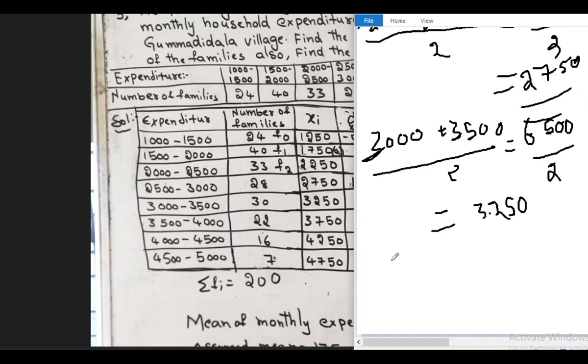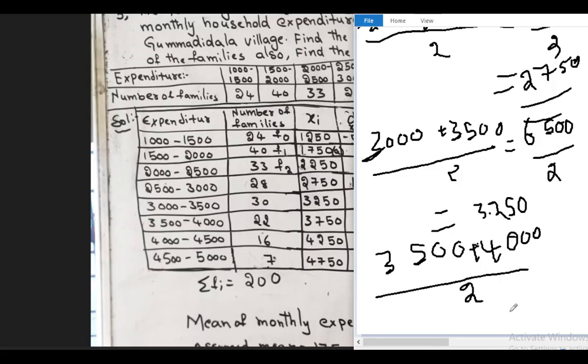The next class, 3500 plus 4000, which is equal to 7500 by 2.